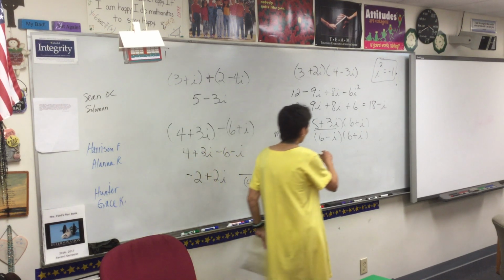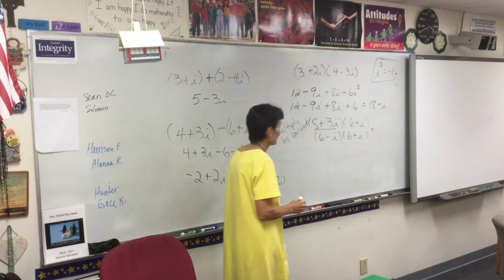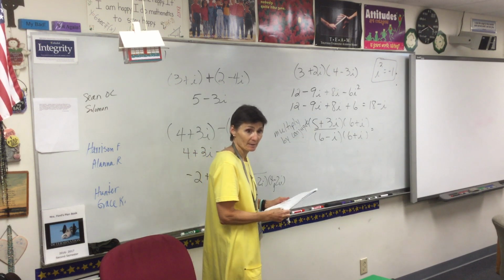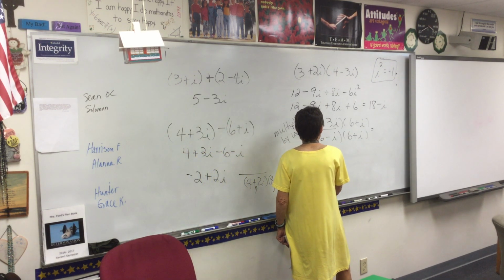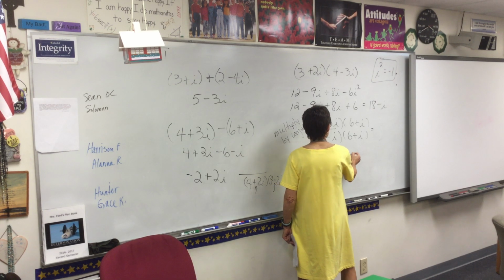Now I do that on the top and the bottom, so oh my gosh, what am I going to have to do now? Look at that. That's a FOIL on the top and the bottom. So here we go. On the top, 30 plus 5. Go ahead and FOIL. I'll shut up.